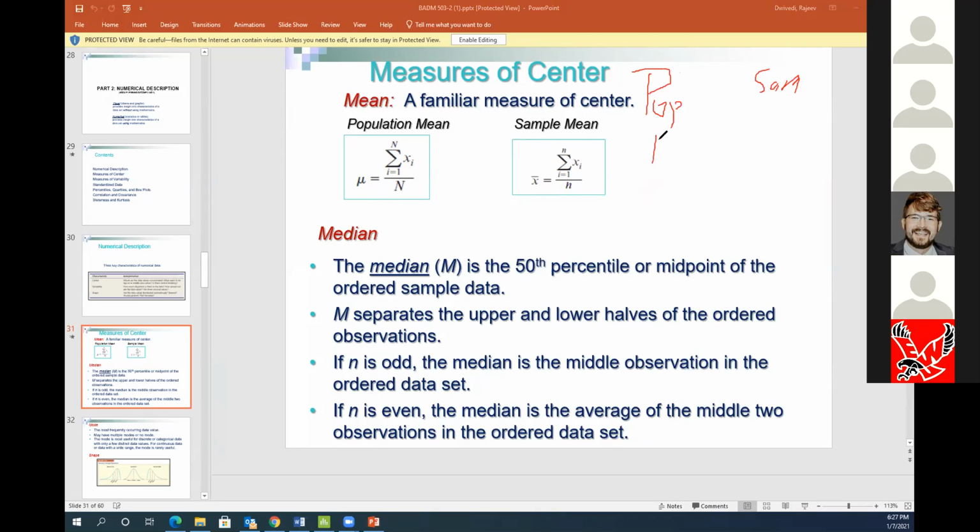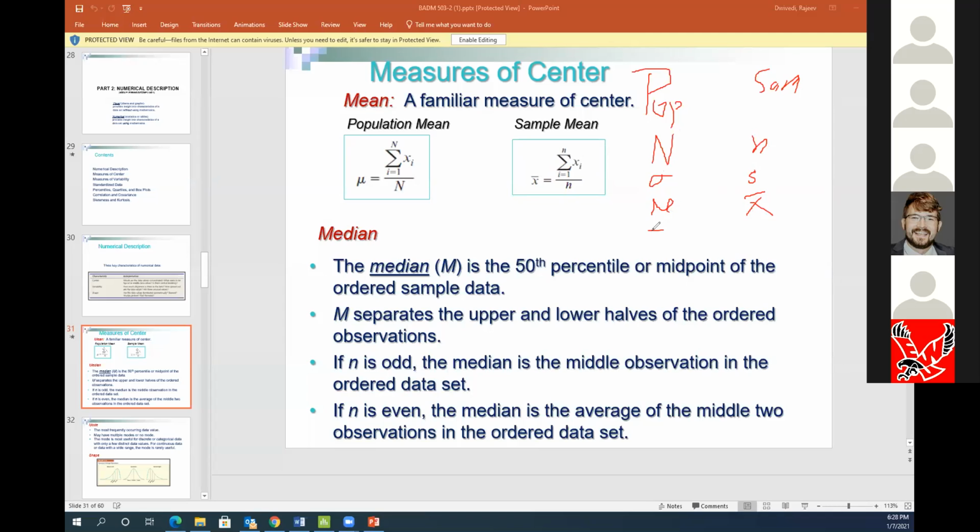Capital N is population, small n is sample. Sigma is standard deviation of population, small s is standard deviation of sample. Then mu is mean or average of population, x bar is mean of sample.